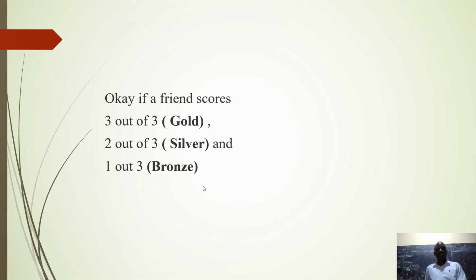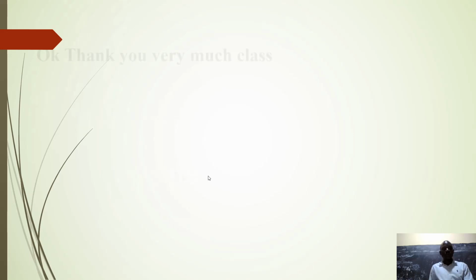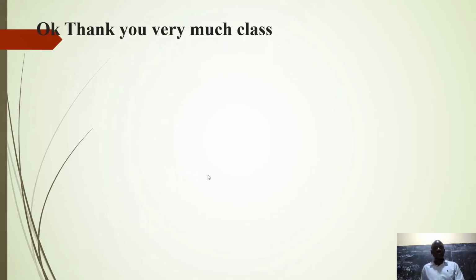If a friend has 1 out of 3, you give bronze. Someone is going to ask what about 0 out of 3. So long as the person has written something, give him or her bronze. Thank you, class. You can give the books to the owners.